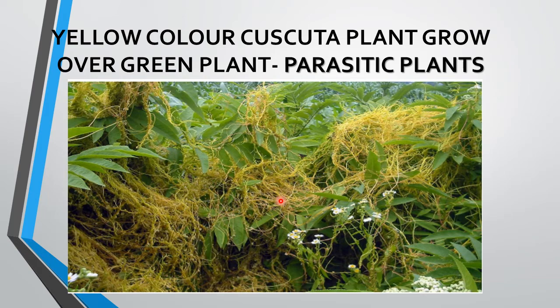It twines itself around big trees, for example the banyan tree. The Cuscuta gets its nutrition from the tree on which it lives. The tree on which it climbs and lives, we call the host. So in this example, the banyan is the host and Cuscuta is the parasite.